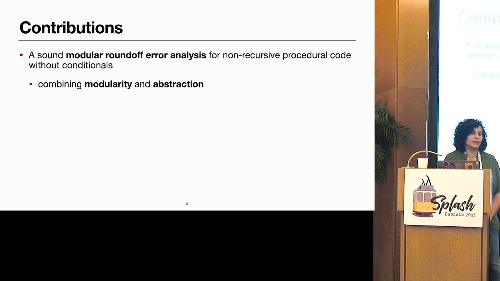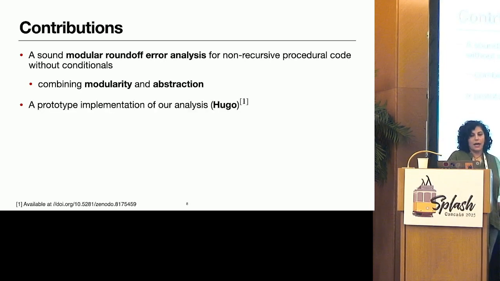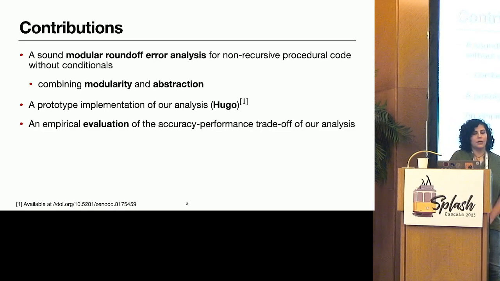Our approach combines modularity and abstraction when analyzing procedure calls. We have implemented our approach in a prototype tool called Hugo. And finally, we have an empirical evaluation of the accuracy and performance of our analysis.